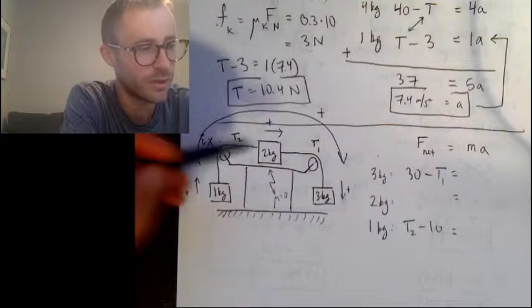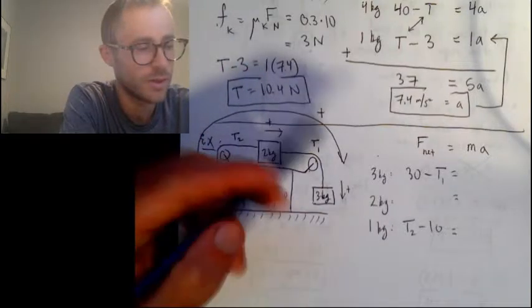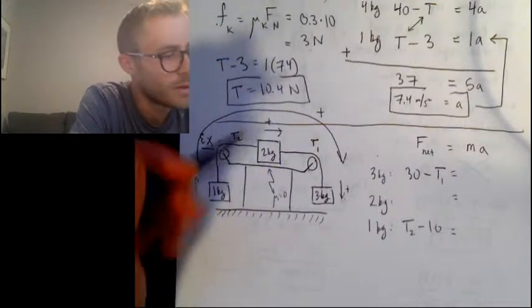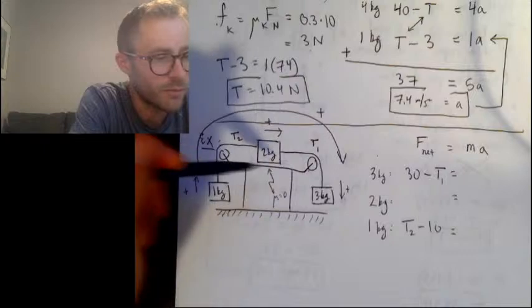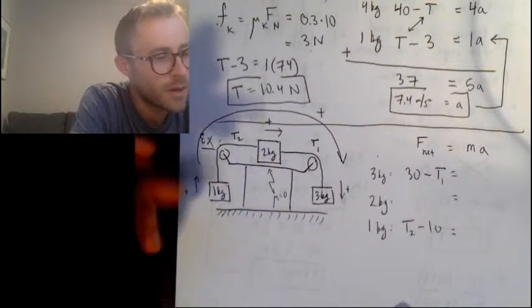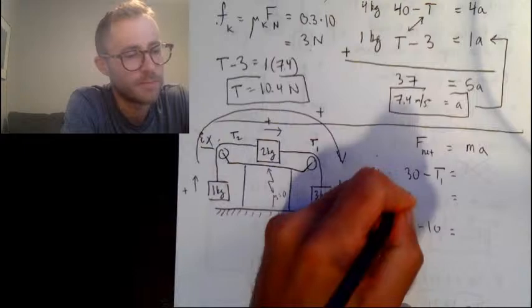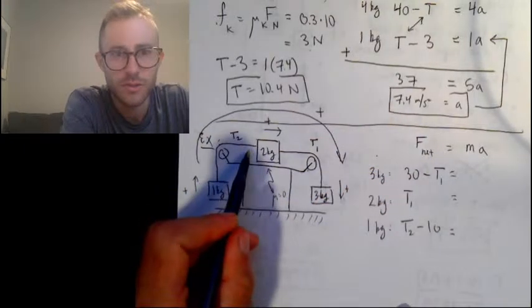If there was friction, I would have to have a friction force going to the left to account for the motion. So the force in the positive direction is T1, and the force in the negative direction is T2.